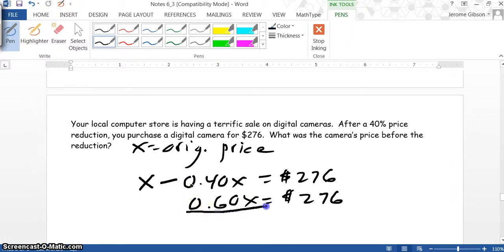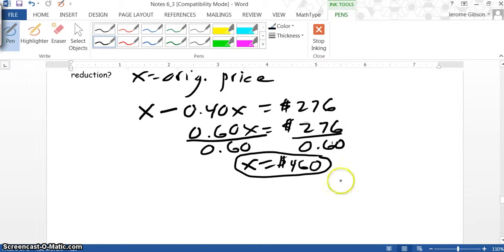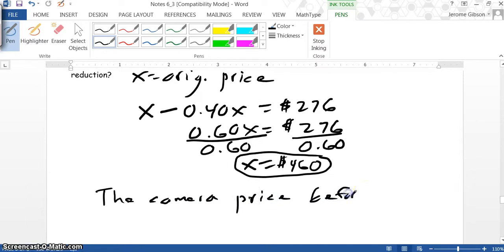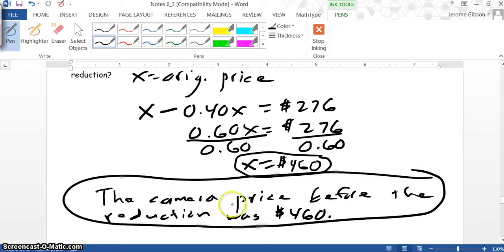Now we would divide each side by 0.60, and we will have x is equal to, so the original price was $460, and that is your answer. So you can write down the camera price before the reduction was $460. That would be your final answer.